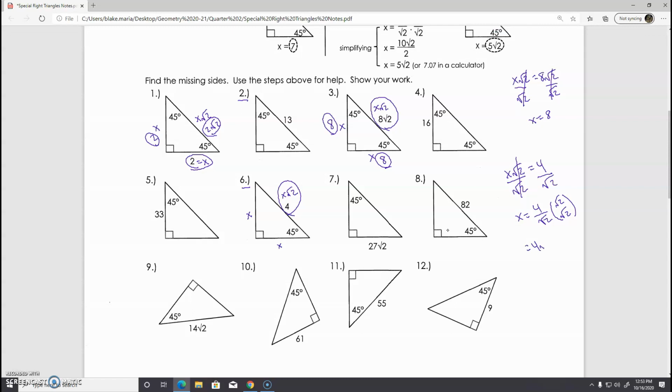So up top we have 4 root 2. I'm going to go ahead and combine a step here. Square root of 2 times the square root of 2 is the square root of 4. The square root of 4 is just 2. And you can simplify. 4 divided by 2 leaves me with 2 root 2. So there's your X. So you come back here, you know this is 2 root 2, and you know this side is 2 root 2.